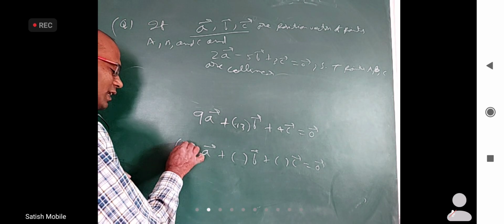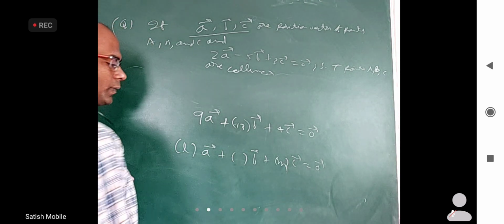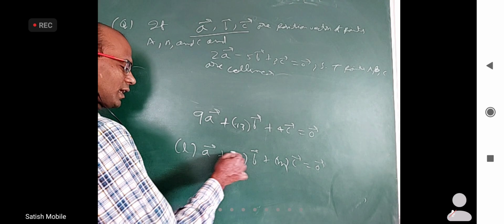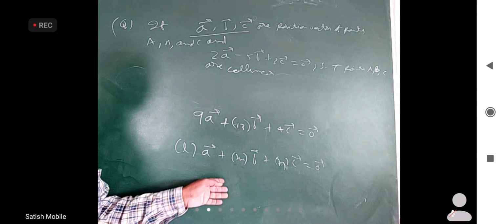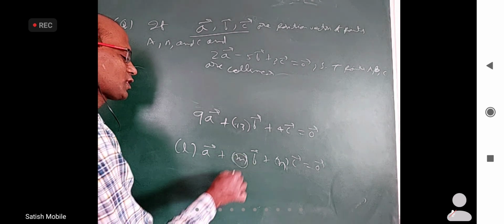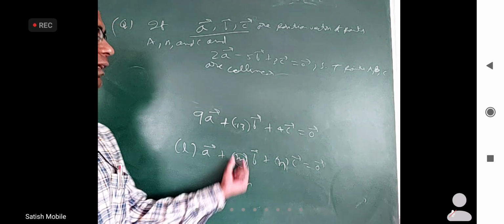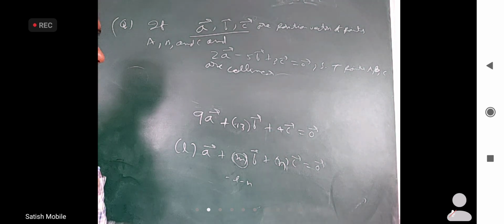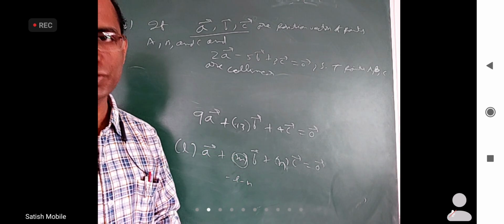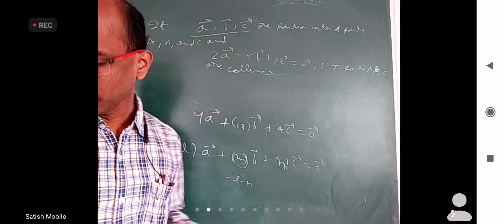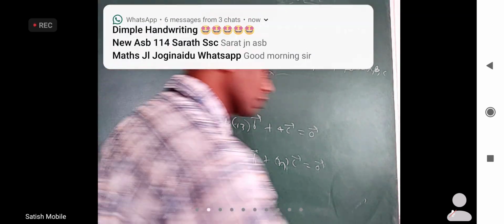If you have L here and M here, let us say I have M here and N here. Based on my section formula, I know M must be minus L minus N. Then only I can send that side and apply section formula. If M is minus L minus N, if I bring one side, I will get L plus M plus N is 0. I will write the proper statement and give a proof for it also.